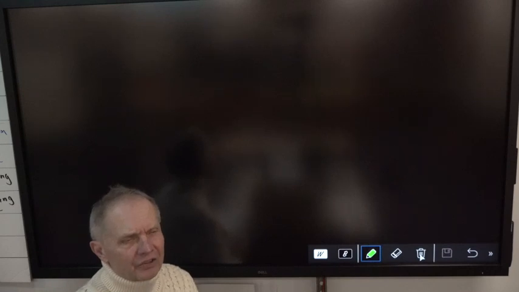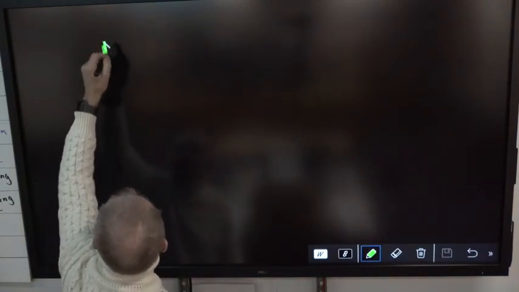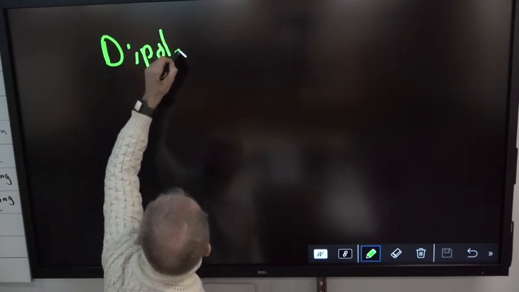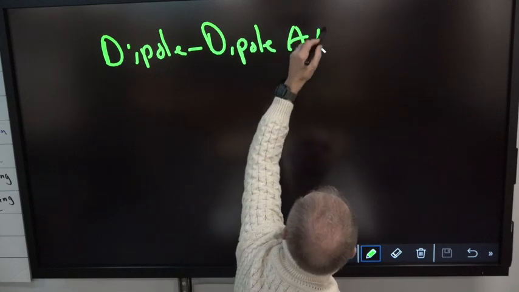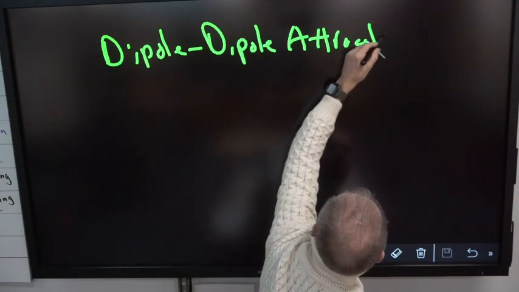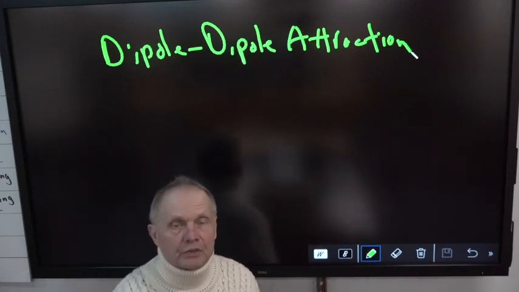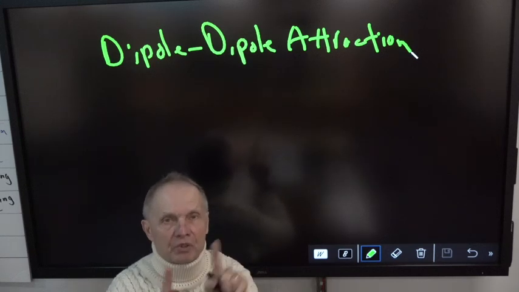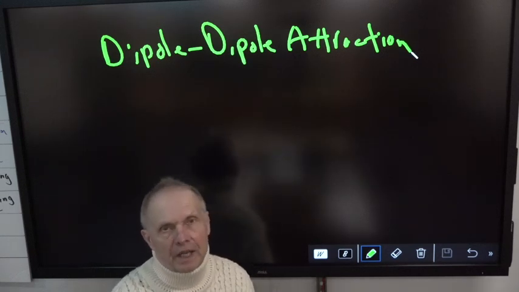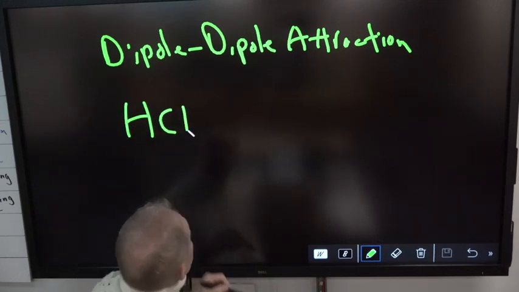Now, the next one we're going to do, like I said, we're not really going to talk about very much. It's called dipole-dipole attraction. And remember, if you forgot what a dipole was, a dipole is two non-metals put together, and they have a different electronegativity, such as HCl.